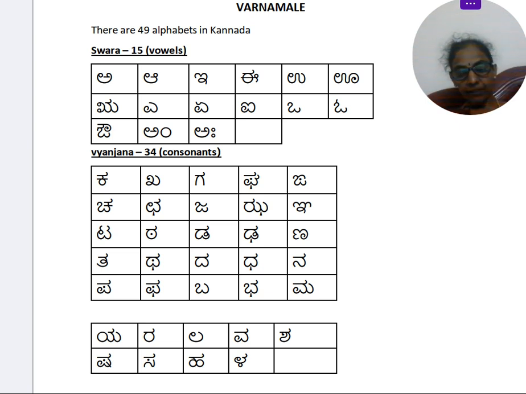Unlike the traditional method where we keep repeatedly writing and reading the alphabets multiple times to learn them, here each lesson will cover 5 or sometimes 6 alphabets. The alphabets are not picked in order, as you can see on the screen.